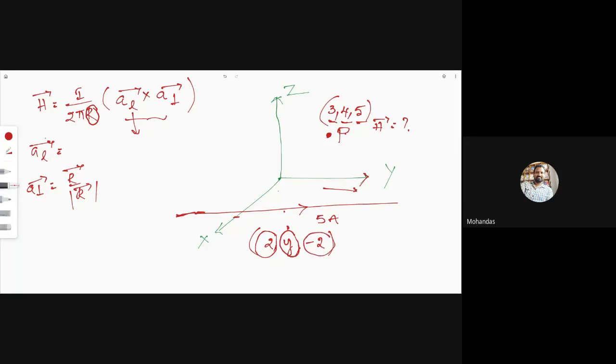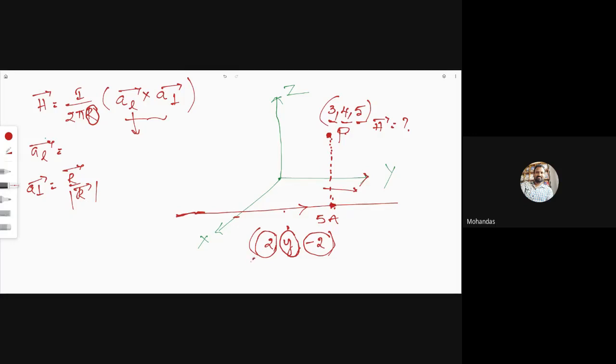And what will be the source point such that the field point is perpendicular to the source point? Field point is perpendicular to this conductor. We already discussed earlier. Can anybody tell me at what location of the source point this perpendicular line is going to be established? 2, 4, -2. Very good. Because we already know X and Z are fixed.